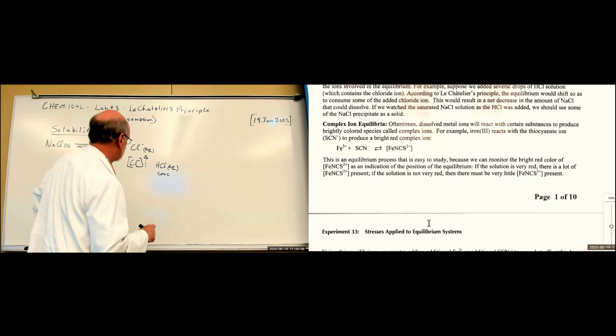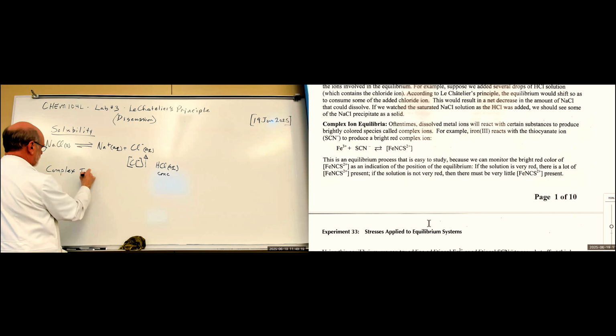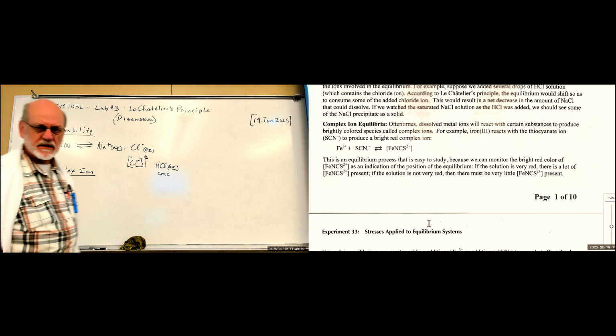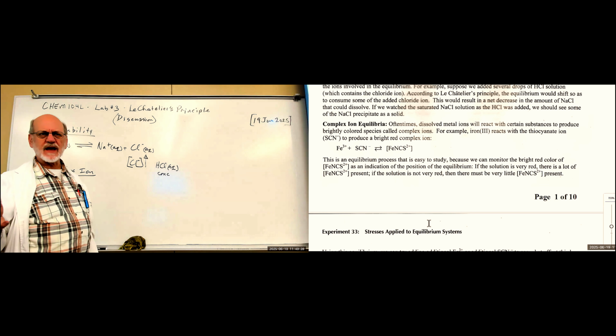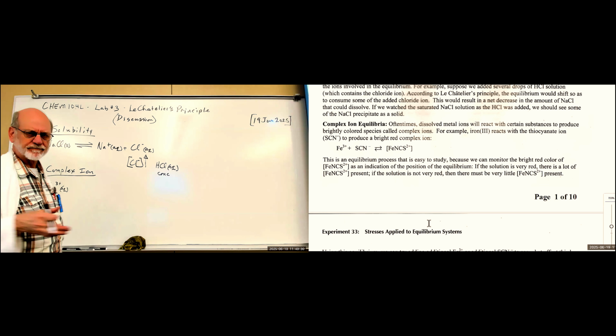That's solubility. The next one is complex ions. So in this particular case, we're going to add iron in aqueous solution. I think it says iron 3 chloride.